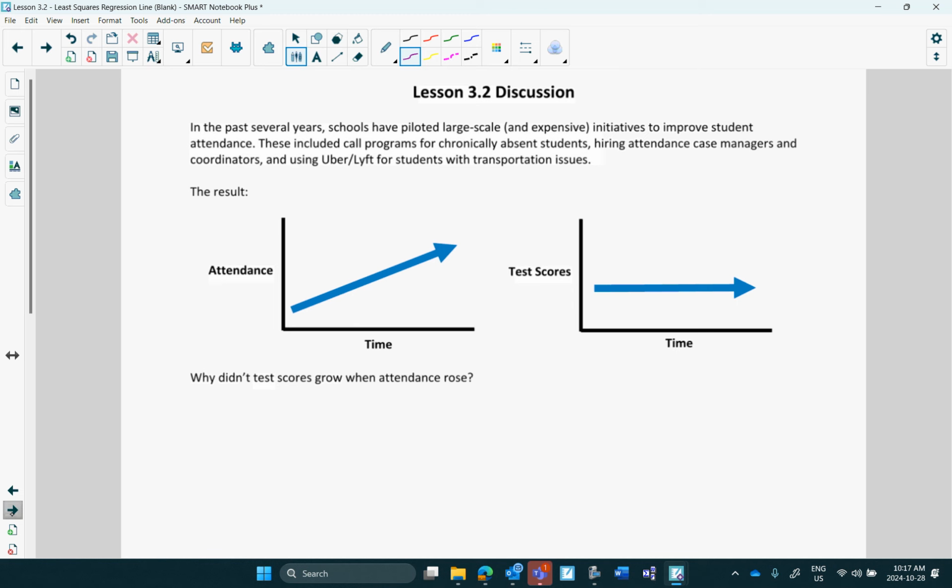Maybe there's not the support at home that they're getting, because parents are working 2-3 jobs. So kids are on their own a lot at home. Which means even though they're going to school, when they come home, they're not doing anything. So they're not learning anything and their test scores aren't going to go up.